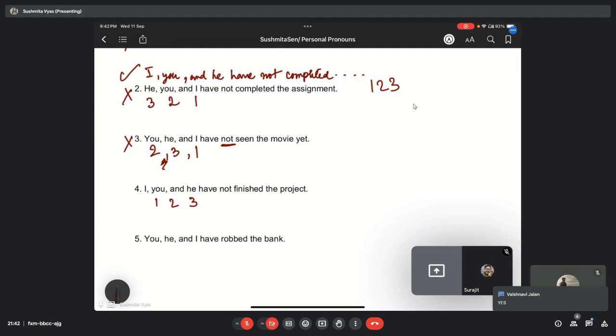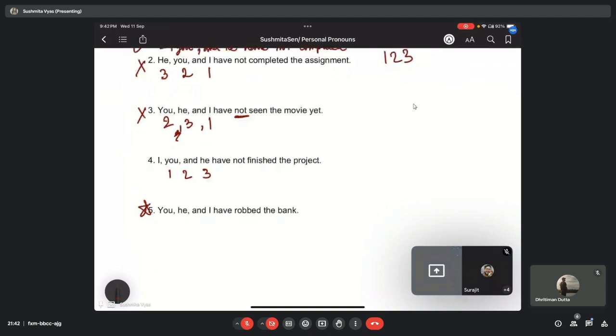I think this question was asked in one of the previous exams, in sentence improvement. "You, he, and I have robbed the bank." Is this in the correct order? No. What will it be?